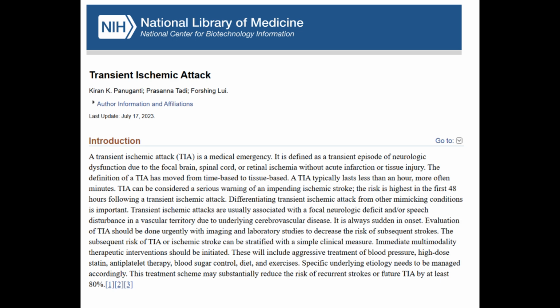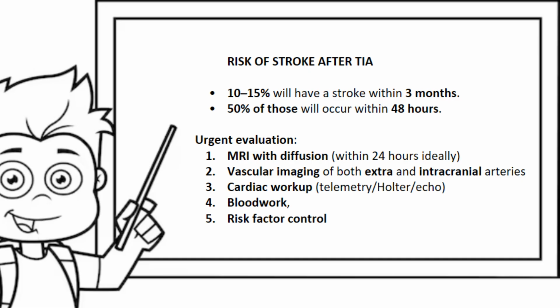So, it's critical, it isn't benign, and it is often a preview, a neurologic thriller to a full blown stroke. The risk is front loaded, with 10 to 15% having a stroke within 3 months, and about 50% of those will occur within 48 hours. That is why urgent evaluation is essential.